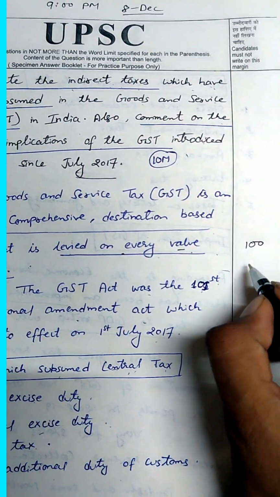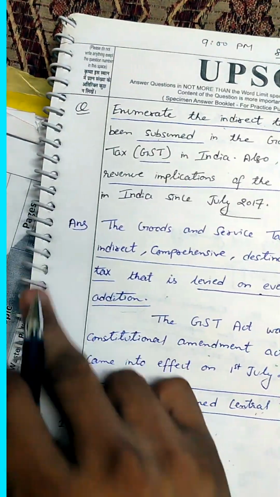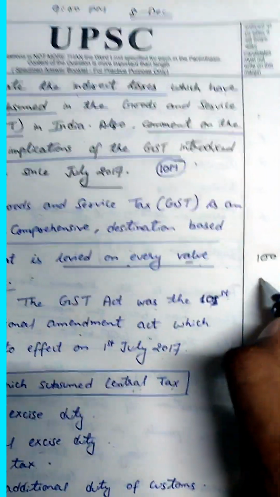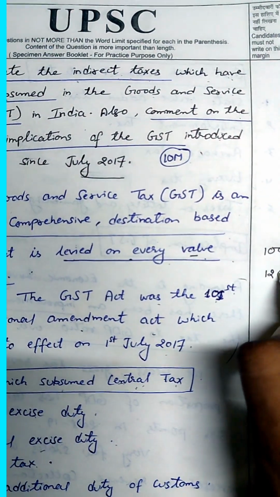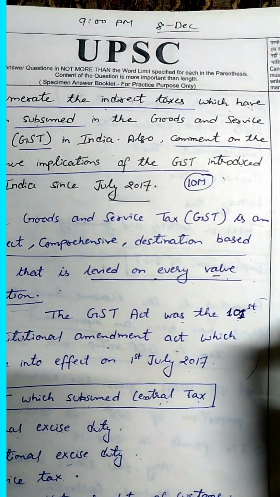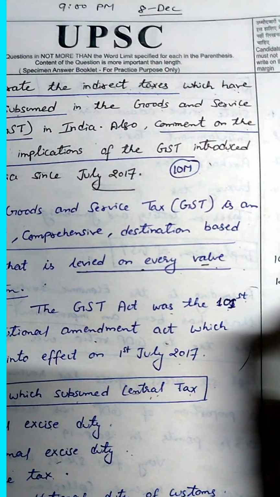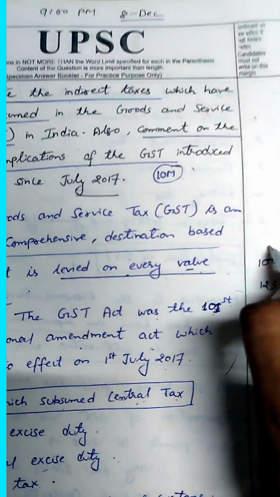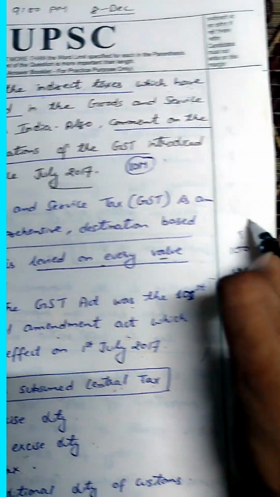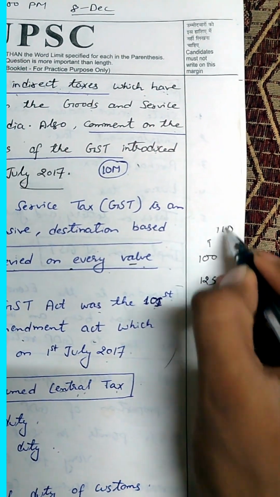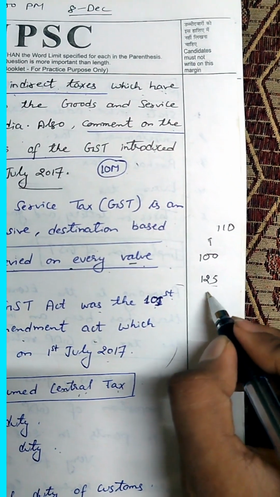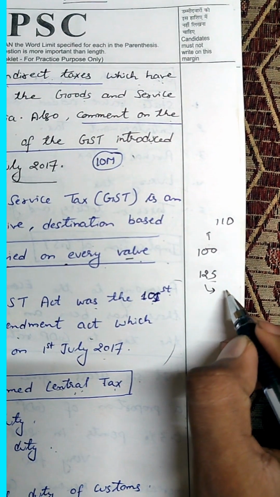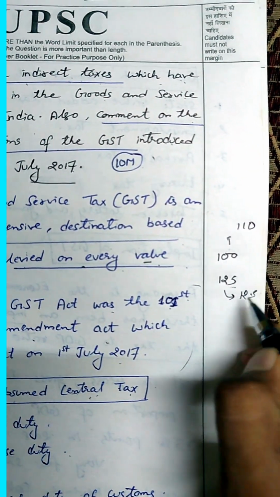After binding it, the cost will turn to 125. Suppose 10% tax is there. For this 100, 10% tax needs to be given, so it will be around 110. And now for 125, again you have to give the 10% tax, so now it's 12.5.